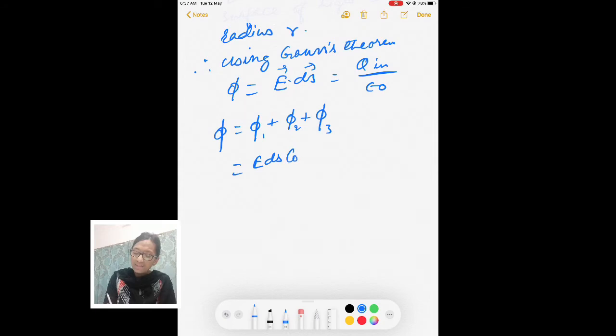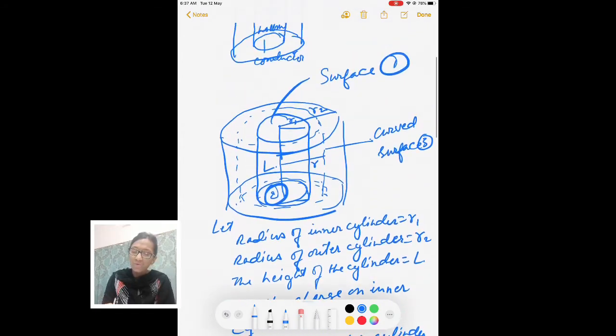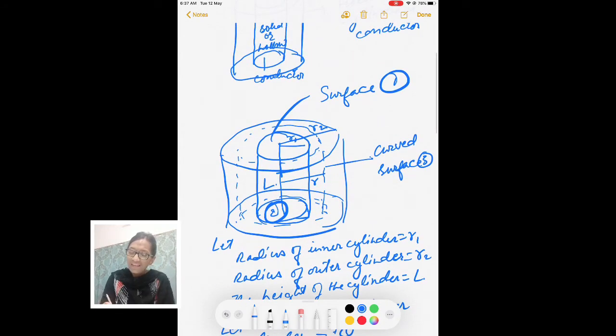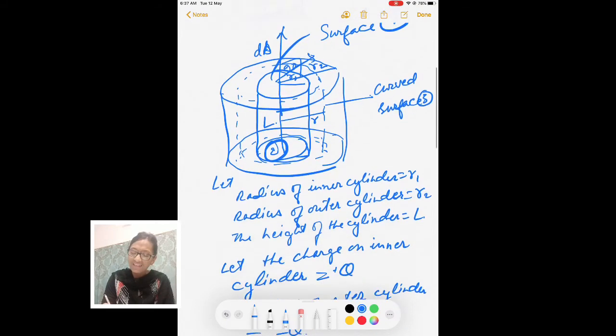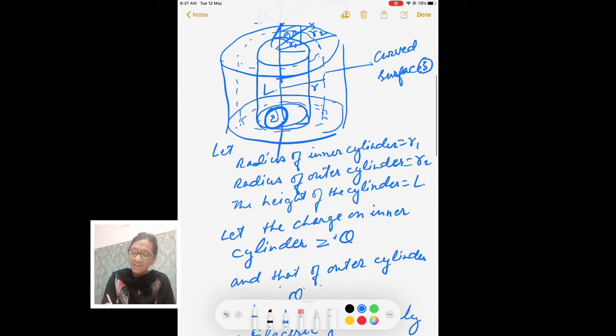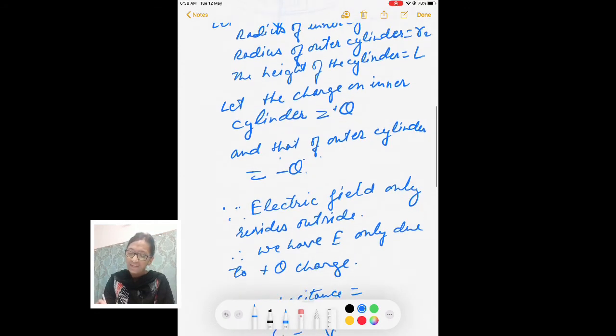is equal to E ds cos theta. Now you can see field is along radial direction and area vector ds is along, at this very point, perpendicular direction. So angle is 90 degree along the two circular surfaces. Here also the surface area is directed along downward direction, but electric field is along radial direction. So here angle becomes 90 degree.